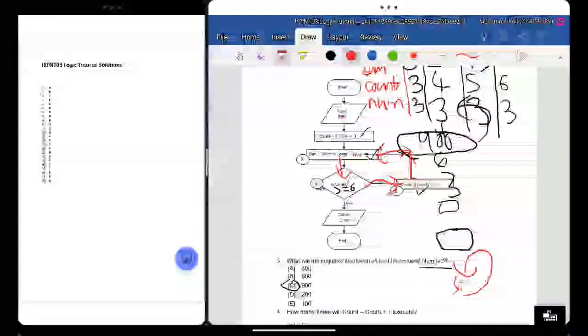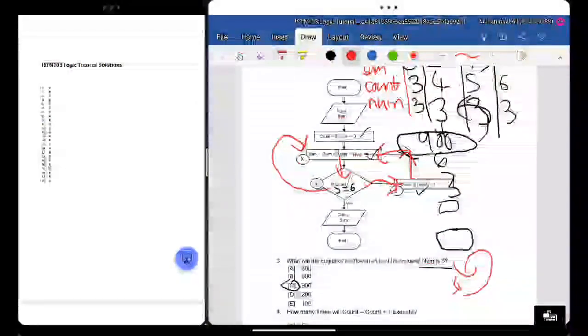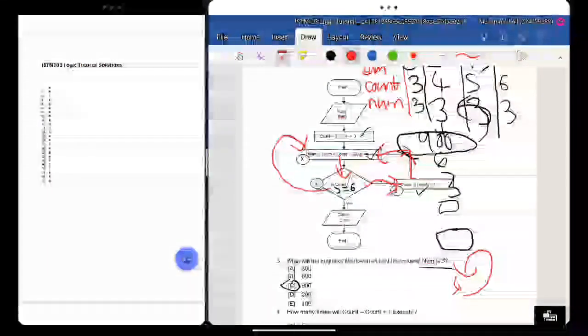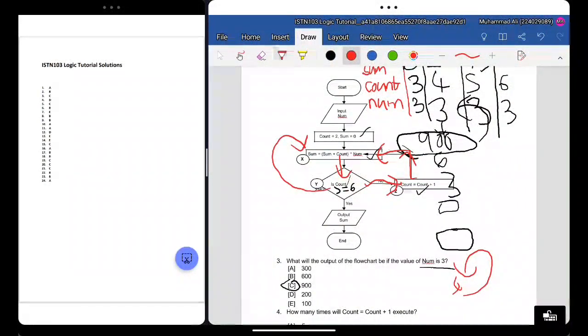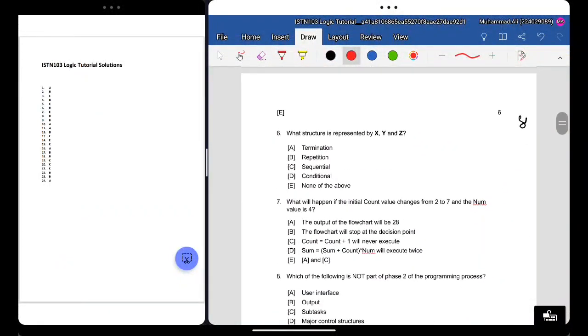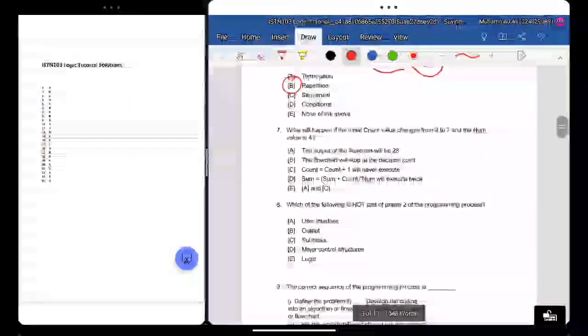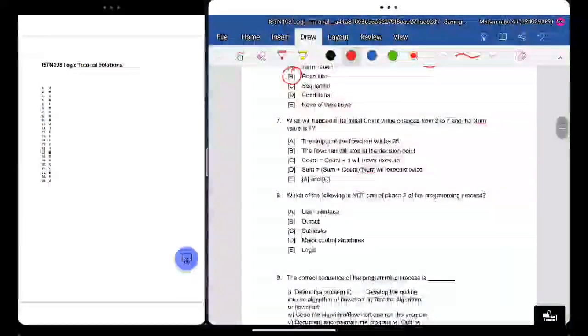If it was just this block going to this block and then coming down, that's a loop. But because it has 3 blocks, it's a repetition. A loop is 2, a repetition is 3. And see, there's 3 variables, that's a repetition. So it's B. Correct. If you had just X and Y, then it's a loop. So loop is 2, repetition is more than 2.